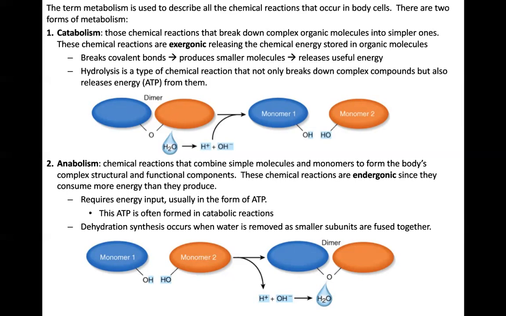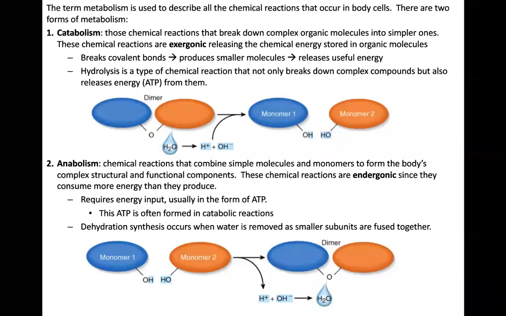There are two phases: catabolism and anabolism. We introduced catabolism as a breaking down from bigger to smaller, complex to simple. We're going to talk a little more in detail about that now. Catabolism are those chemical reactions breaking down complex organic molecules into simpler ones. We call these exergonic, which we just learned means that they release chemical energy stored in organic molecules.